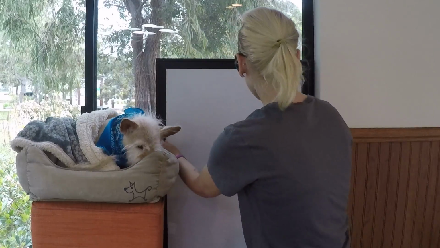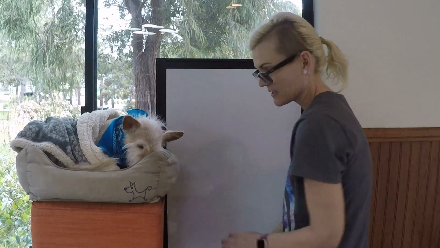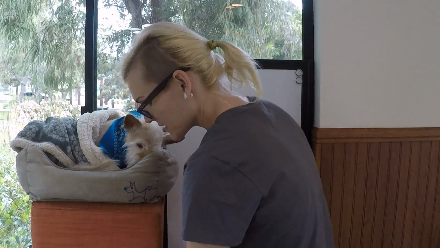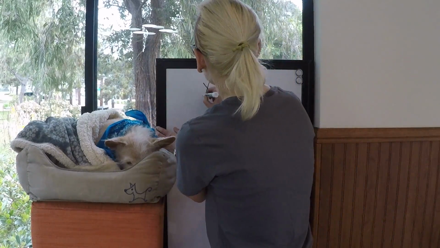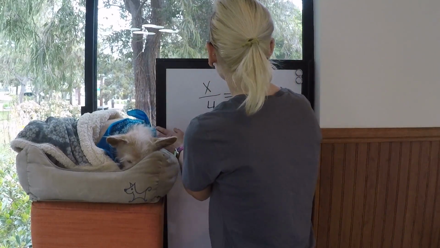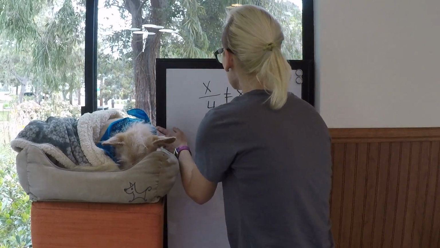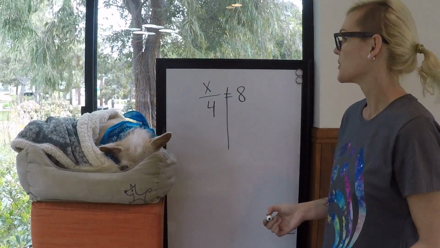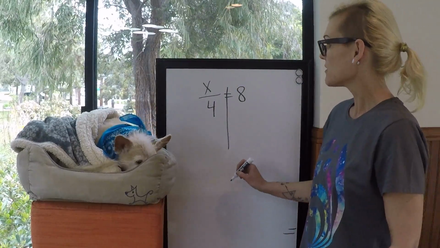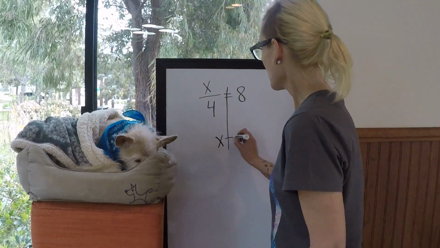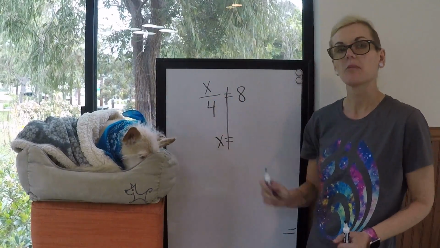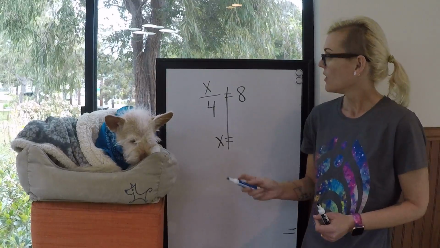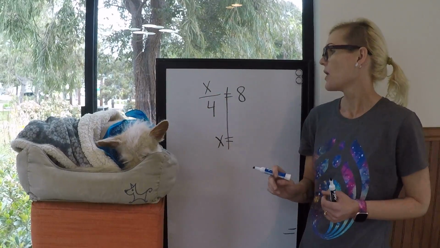Alright, so we've done adding, we've done subtracting, we've done multiplying, but we haven't done anything with division yet. So, if I have x over 4 equals 8, this still falls under that same category, the multiplicative inverse. So this says x divided by 4 gives me 8. How do I get rid of a 4 on the bottom?